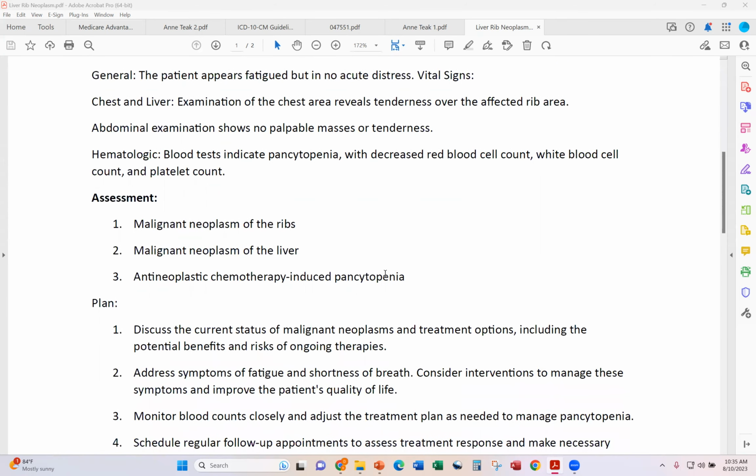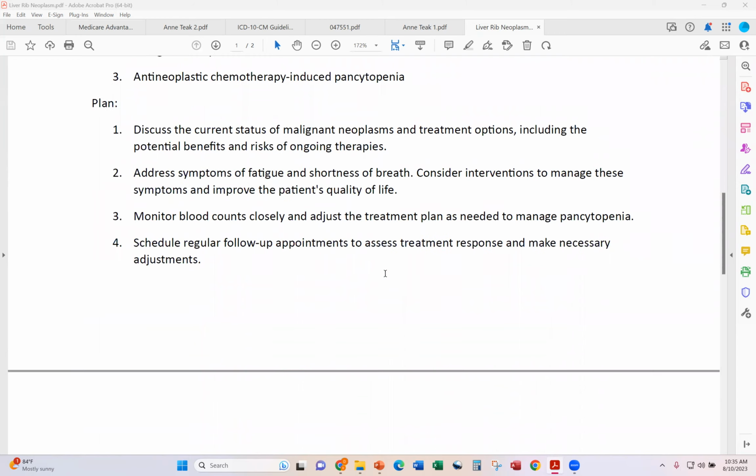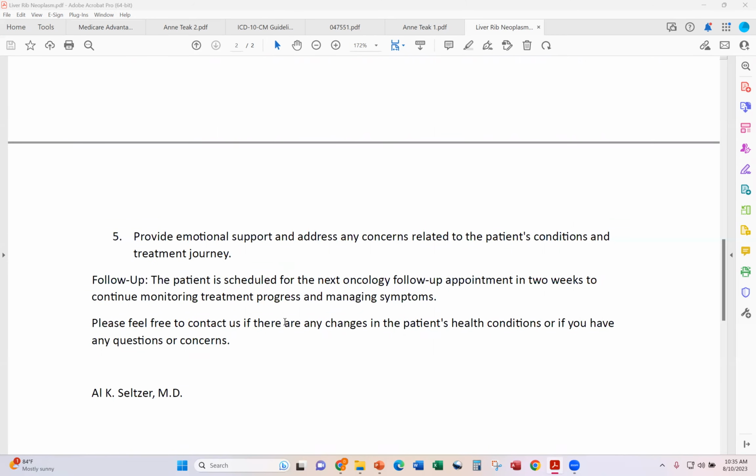Okay. So the assessment: malignant neoplasm of the ribs, malignant neoplasm of the liver, anti-neoplastic chemotherapy-induced pancytopenia, and the plan here. And we have the attending physician, Al K. Seltzer.